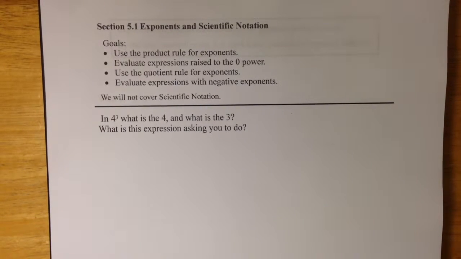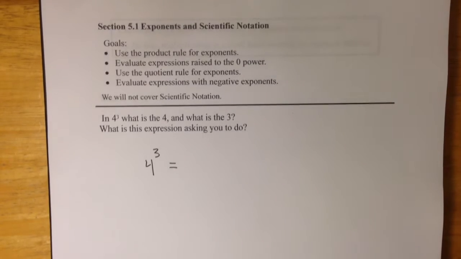Before we get started with new stuff, let's remind ourselves what exponents are and a little bit of how they work. In the expression 4 cubed, do you remember what the 4 is and what the 3 is and what that expression is really asking you to do?